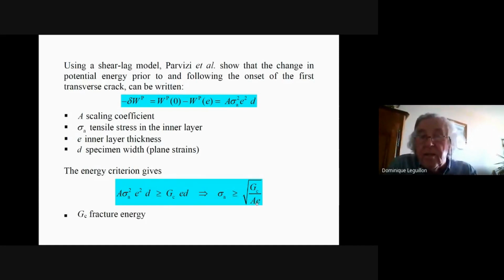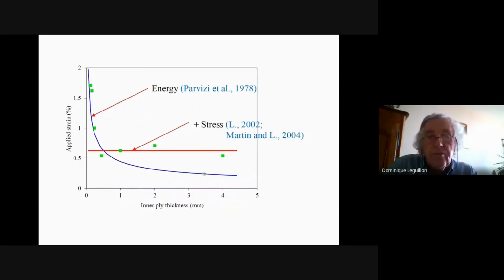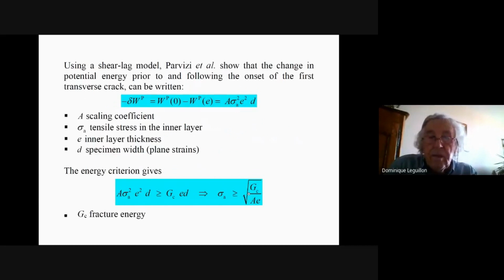You see that it depends on the thickness, and it is a decreasing function of the thickness E. This condition is this blue line.